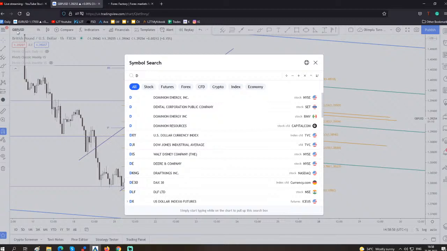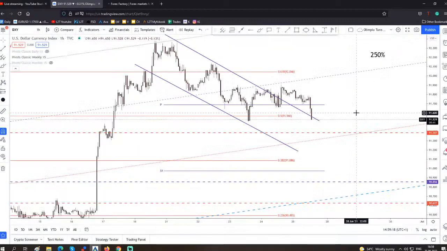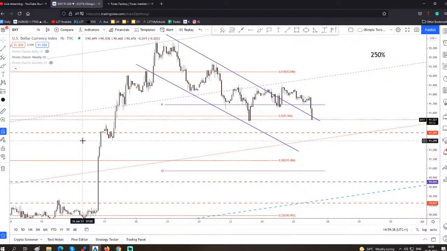Whoa, the DXY drops aggressively right now. That's why the dollar depreciates. And one moment, we'll have in 1 minute that US economic indicator.